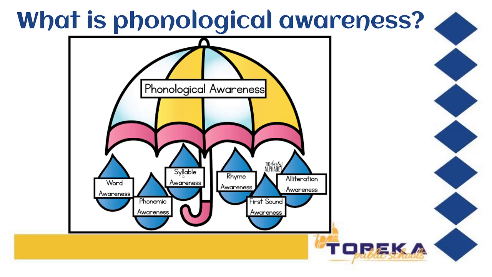So alliteration being the repetition of a sound, such as Sally sells some super snakes, for example, that alliteration of that S sound. And so phonological awareness is our big umbrella term that we need to be aware of. And phonemic awareness falls under the umbrella of phonological awareness.